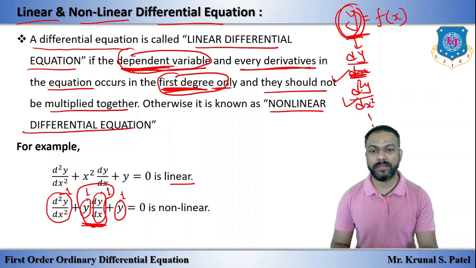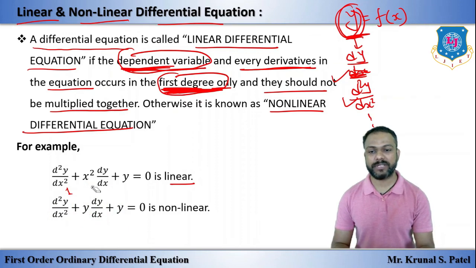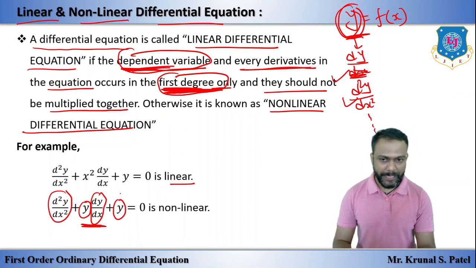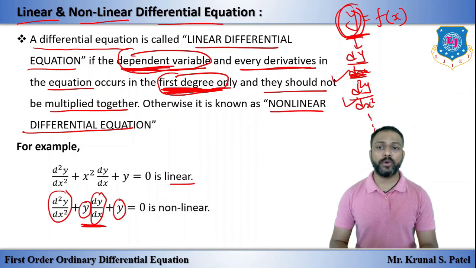As we said, the degree must compulsorily be 1. That means this differential equation is non-linear, because the dependent variable and its derivative are multiplied together. Each term must have degree 1.